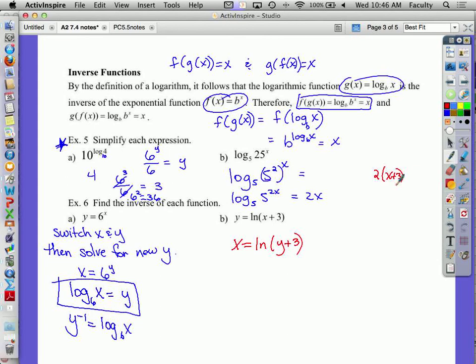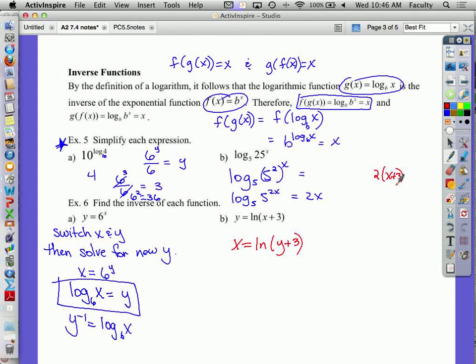So I appear to be stuck. Anytime I get to a place where I think I'm stuck, I can't do anything, I go from exponential form to logarithmic form, or this is logarithmic form, right? I can go to exponential form. What's the base of an ln?